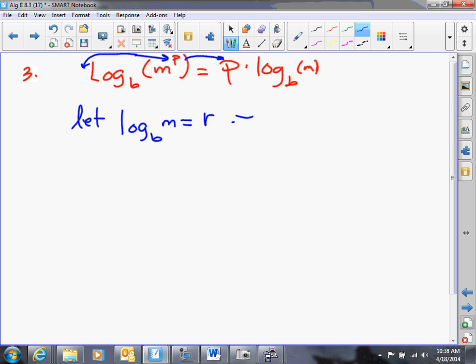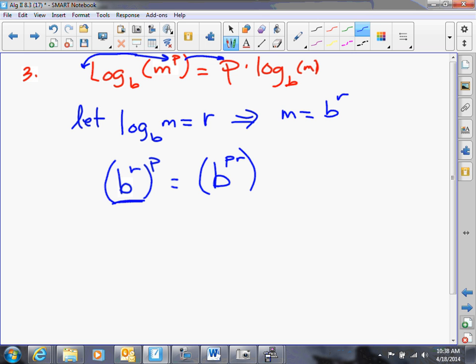Now, if that's true, however, the definition of logs tells us that m is equal to b raised to the r. Now, what I'm going to do is say b raised to the r raised to the p is equal to b to the pr. Remember, when you're raising a power to a power, the rules of exponents say you multiply the exponents.